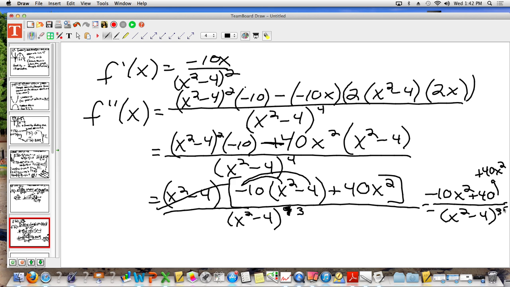Now I can combine the negative 10x squared and the 40x squared, which gets me 30x squared plus 40, all over x squared minus 4 cubed.